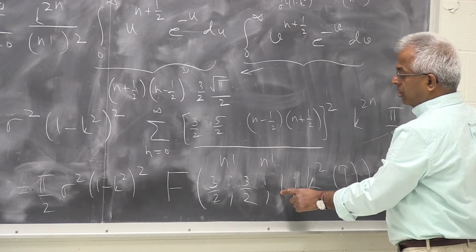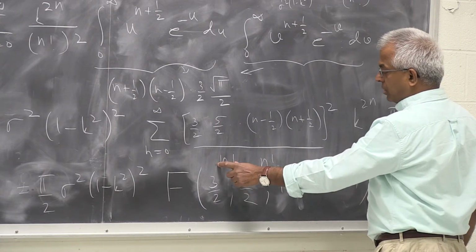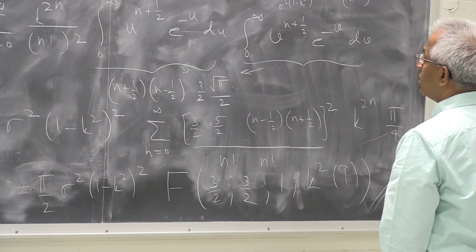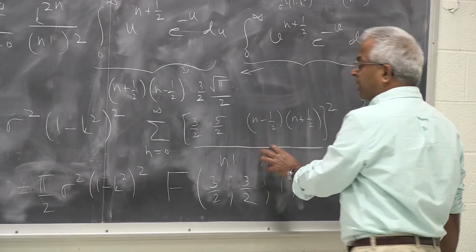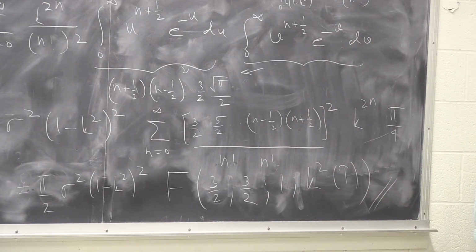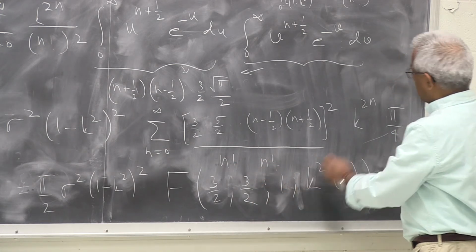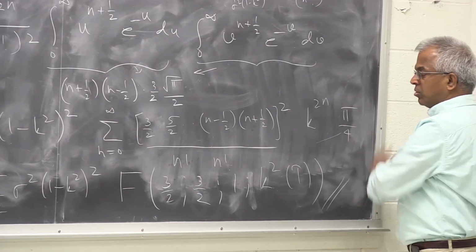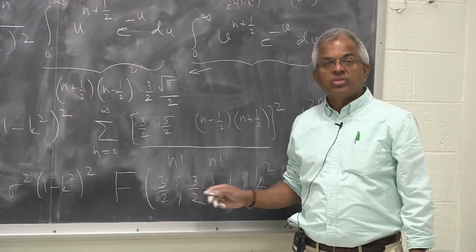And in the denominator you have 1 plus 2, 3, etc. up to n, that's n factorial. We had the n factorial, and then another n factorial because that's part of the hypergeometric function. So we took care of alpha, beta, and this one, and k squared to the power 2n is the definition, and this is a constant outside. So this is one expression.